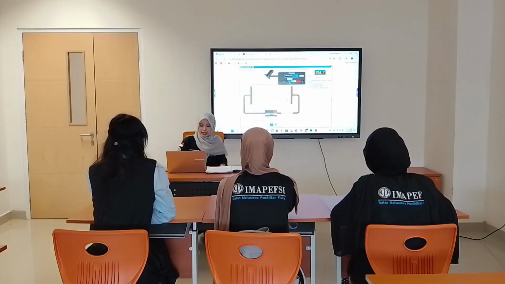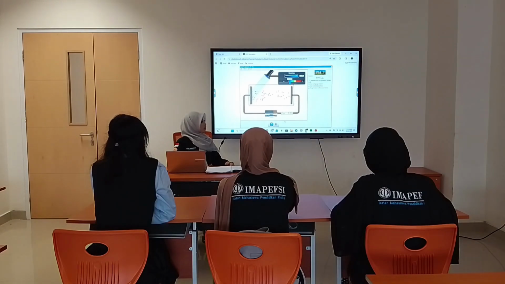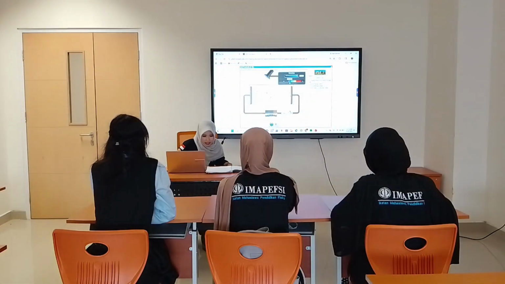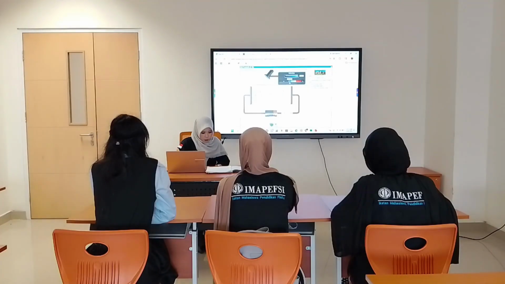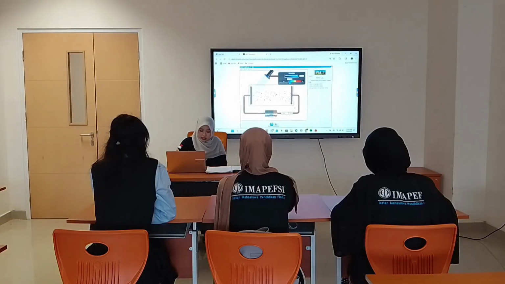But when I increase the light intensity to 100%, the current also increases, right? So when the intensity is low, fewer electrons are emitted and the current is small. But when I increase the intensity, more electrons are emitted and the electric current increases too.